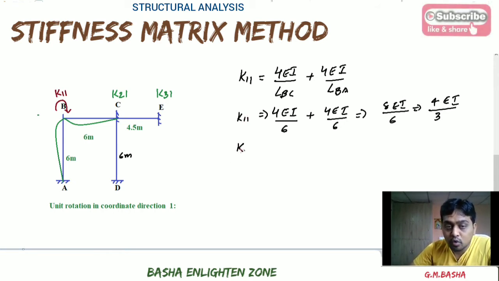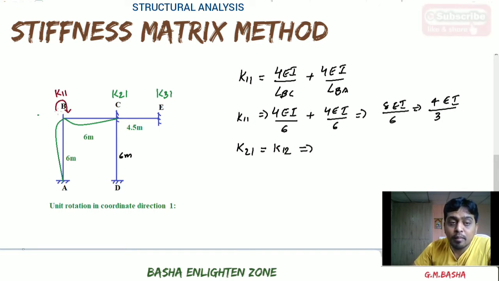And what about K21? I already told you, in the matrices, in the same way you get the same matrices for K21 also. Whatever moment is applied in the span at B, the same moment carries exactly half of the moment to its other end.